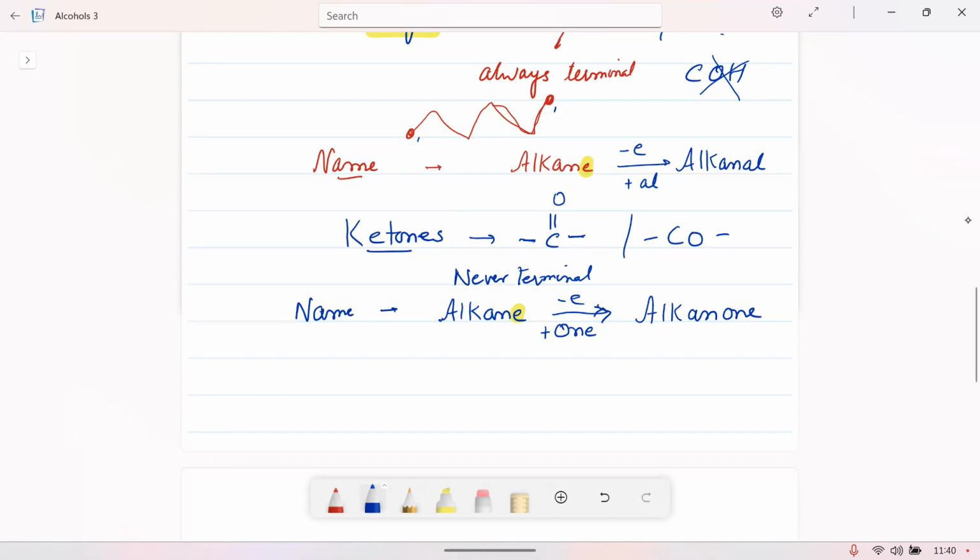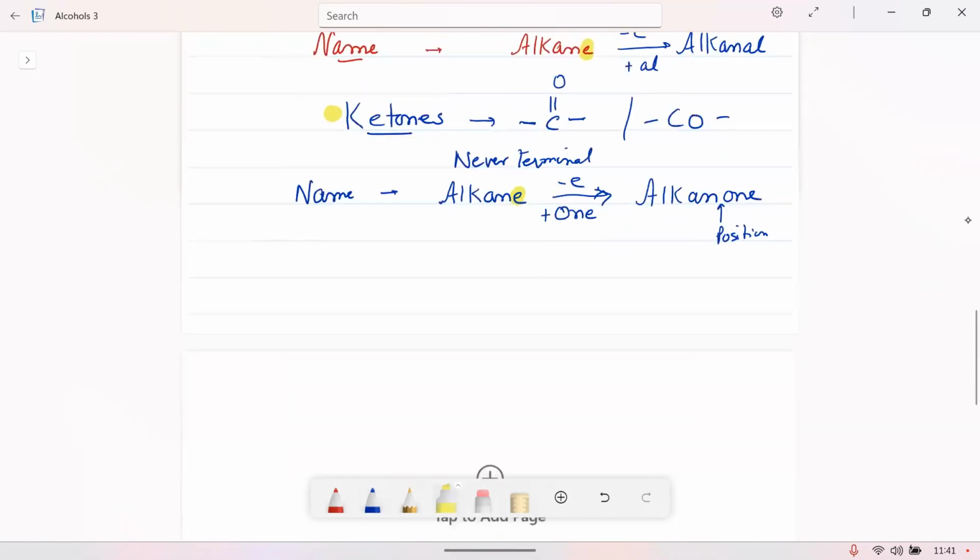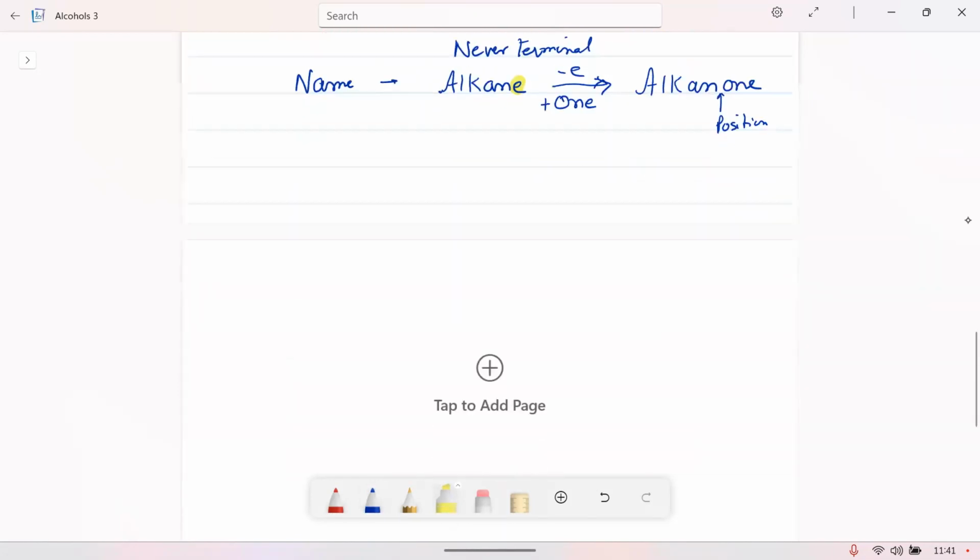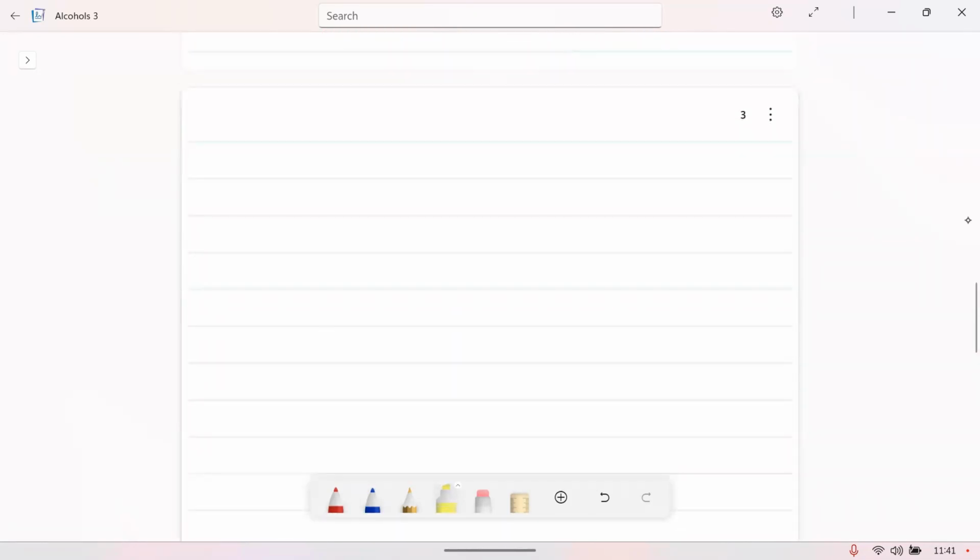And since it can be anywhere in the parent chain, you can write down the position also. So this was all about ketones, naming and the identification of the functional group. Then moving to carboxylic acid, you have done this at an IGCSE level. Carboxylic acids are represented as RCOOH.